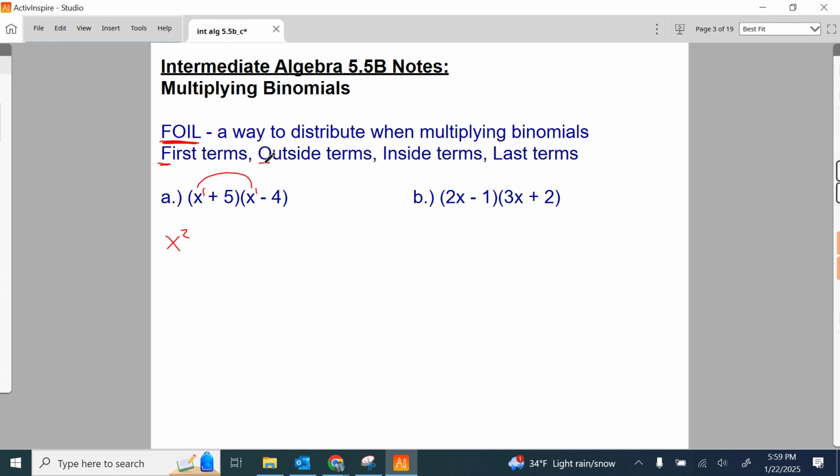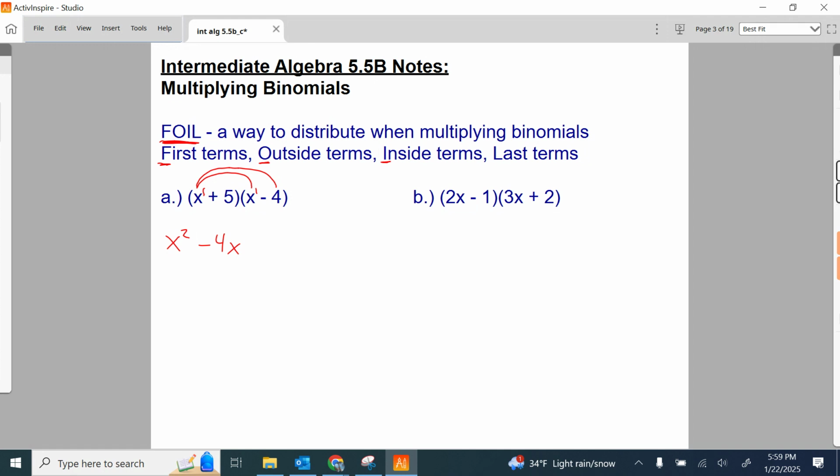The O in FOIL stands for outside terms, so we're going to multiply the outside one here times the outside one there. So we have x times minus 4, which is going to create minus 4x. So there's the O. The I stands for inside in that FOIL acronym, so we're going to multiply the two inside terms.